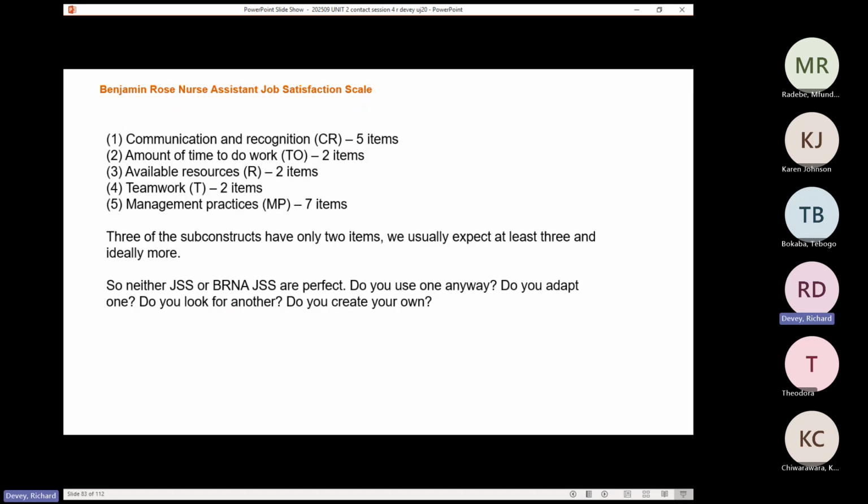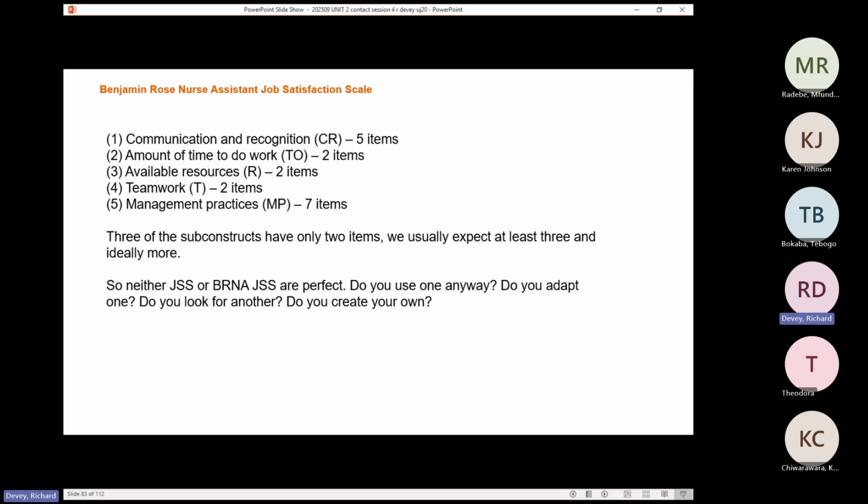So 3 of the subconstructs only have 2 items, and we normally want 3 or more items making up a construct. It's partly related to reliability: if we do a reliability analysis on 2 items and we get a poor reliability, we can't remove any items from that scale, because we've only got 2 to work with.